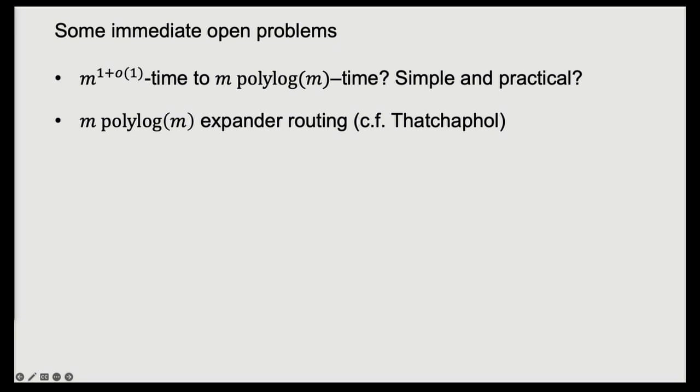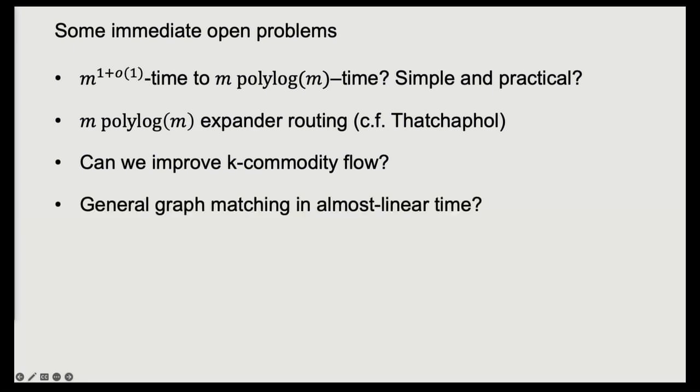Part of this is this m polylog m expander routing. That was how we got our edge embeddings. Thatcherpool talked about this. So, some other kind of, can we improve k commodity flow using these techniques? I don't know how to do it. But Jan will tell us that there at least are non-trivial things about k commodity flow that you can do, which is a pretty weird thing because there shouldn't be in sparse graphs, but there are in dense graphs.